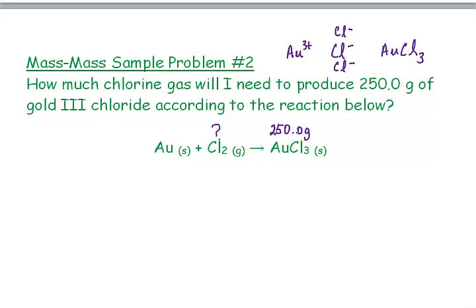In the previous sample problem, it was, okay, if I start with a certain number of grams of a particular reactant, how much product could I produce? So essentially, this problem is reversed. Nonetheless, the solution process is the exact same. What's next? Let's calculate some formula masses.